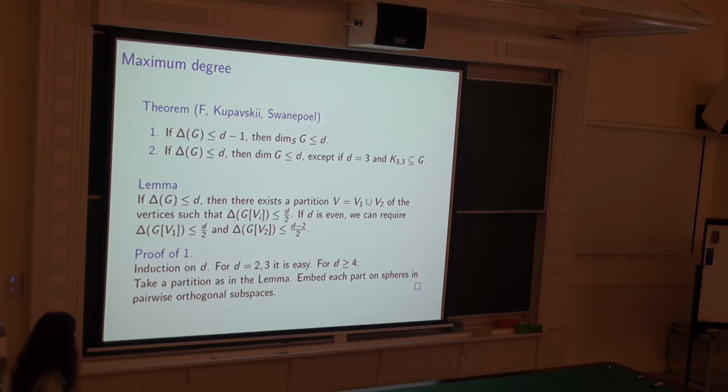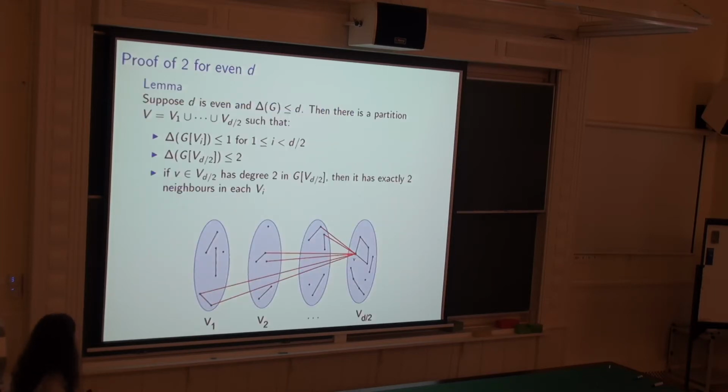From this second part, I'm only going to talk about the even case, because for the odd, it is a bit more complicated. First, we need a strengthening of the combinatorial lemma. If d is even and the maximum degree of a graph is at most d, then there is a partition into d half parts, such that in the first d half minus 1 parts, the maximum degrees induced by these parts are at most 1.